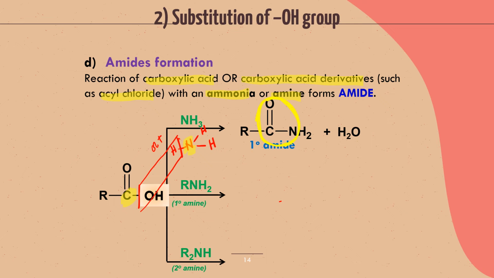Okay, yang I bulatkan warna kuning ni sekarang adalah amide group. So pada kumpulan amide ini, dia terikat kepada satu carbon dan dua lagi ini adalah hydrogen. Okay, so memandangkan carbonyl amide group itu is directly bonded dengan satu carbon sahaja, maka it is known as primary amide.